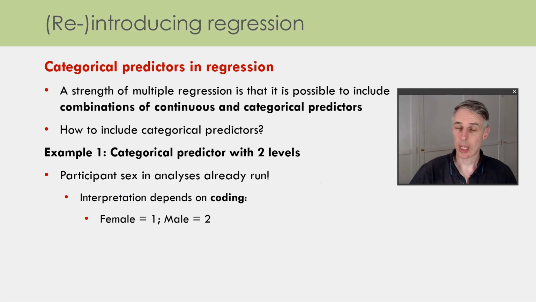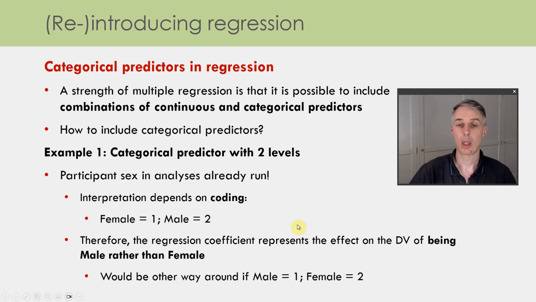So with binary categorical predictors, a key thing to remember is that their interpretation depends very much on how those categorical predictors are coded. In our case, it was coded as follows. Female was coded as 1, male was coded as 2. So what does that mean for the regression coefficient?